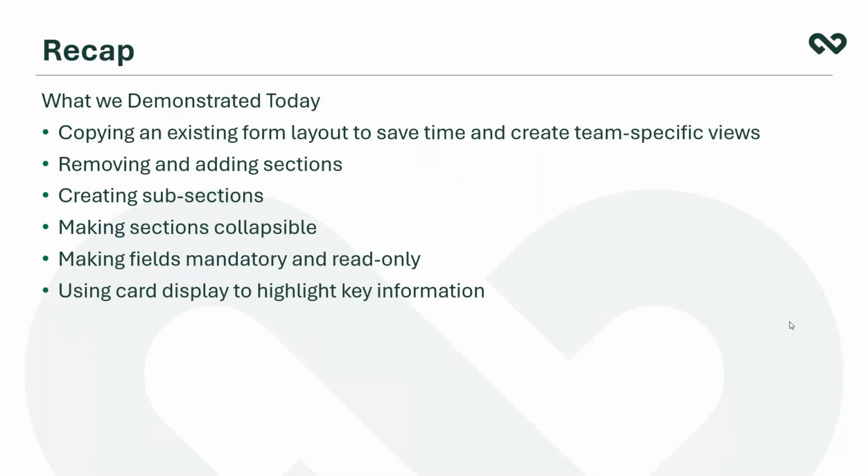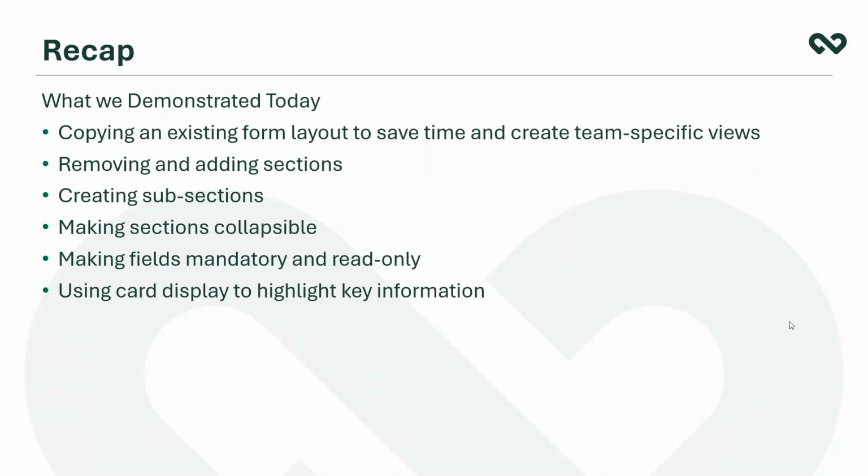During the demo, we explored how to copy an existing form layout rather than building one from scratch. So this helps save time and keeps consistency while allowing you to customize layouts for specific teams or business processes. We demonstrated how to remove sections and add new ones, giving you control over how information is structured within a record.